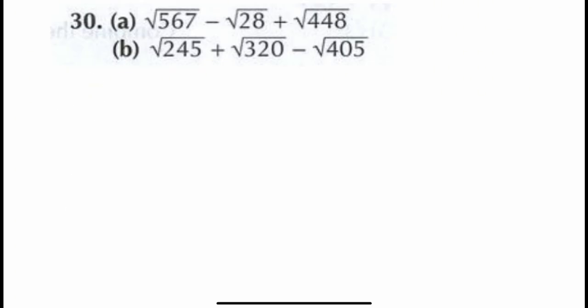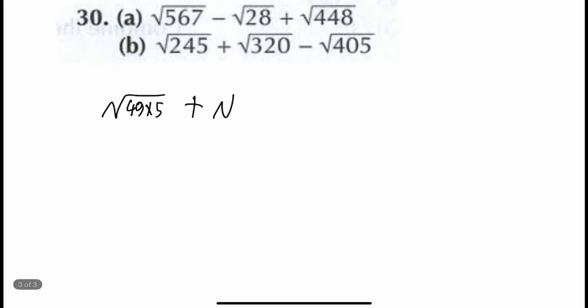So for B, these two questions were very similar. All we have to do is the same thing. We know that 245 is equal to 49 times 5, and 320 is equal to 64 times 5.